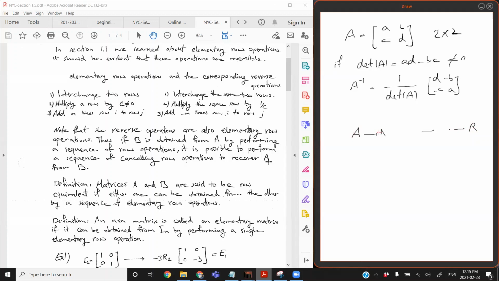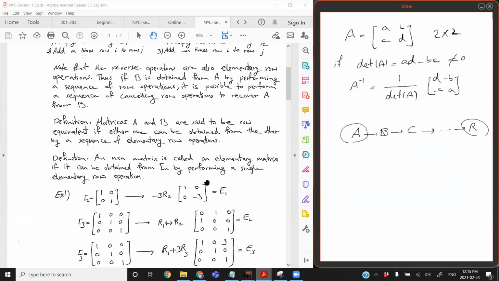So from matrix A, you go to matrix R, which is, let's say, in the row echelon form or reduced row echelon form. Then what I'm saying here is that you can perform canceling row operations and go back and recover A from R. Any questions so far?